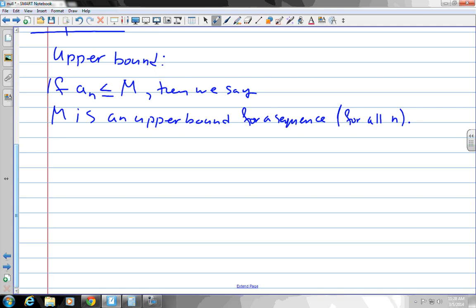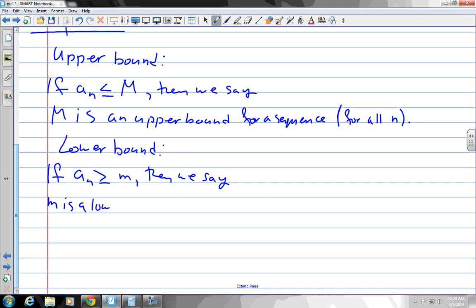So upper bound, same notion, we can have a lower bound. If a sub n is greater than or equal to some, let's call it little m, then we say that little m is a lower bound of a sequence, for all n.